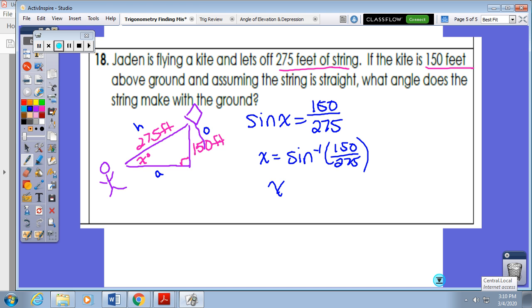So x is equal to 33.1 degrees. That would be the measure of the angle where the ground and the string are. And that would complete our notes for this section on finding angle measures using inverse.